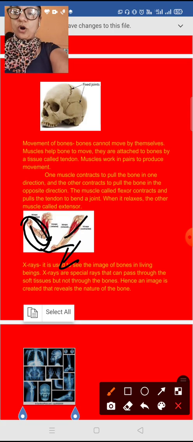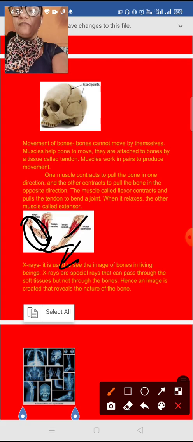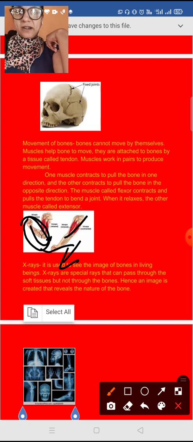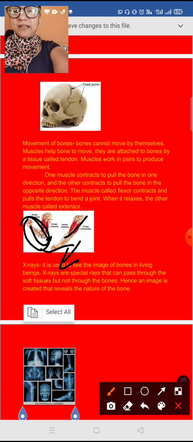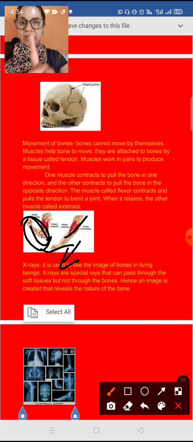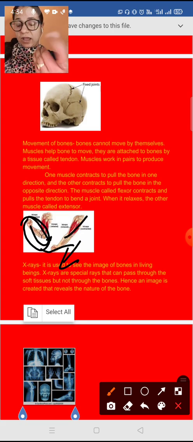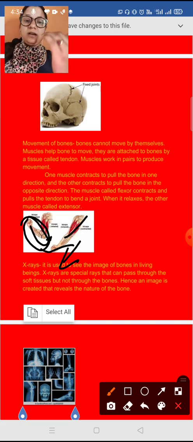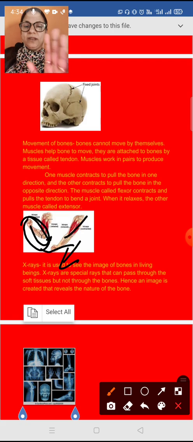So the muscle called flexor contracts. जो muscle contract करती है, that is called flexor, and pulls the tendon to bend a joint. And when it relaxes, जब वो relax होती है, the other muscle is called extensor. Two things are there, flexor and extensor. I thought it is maybe not properly clear.